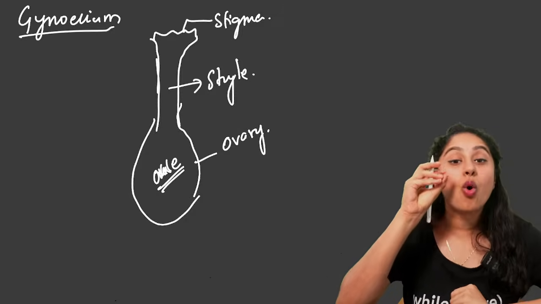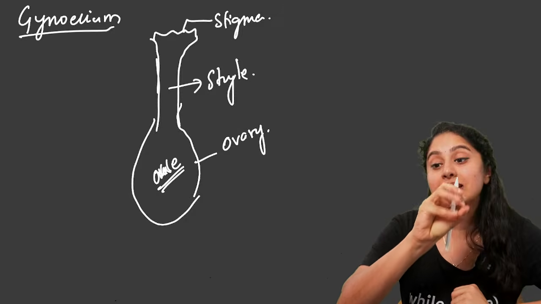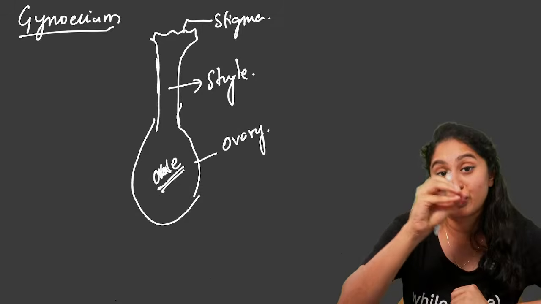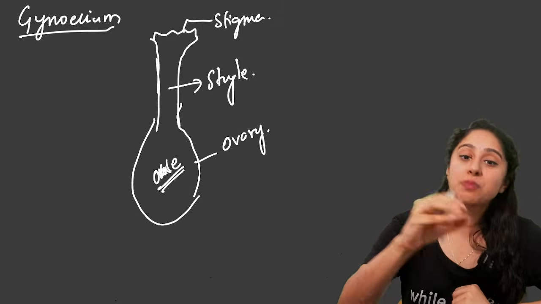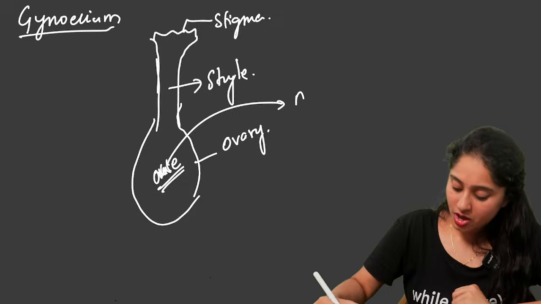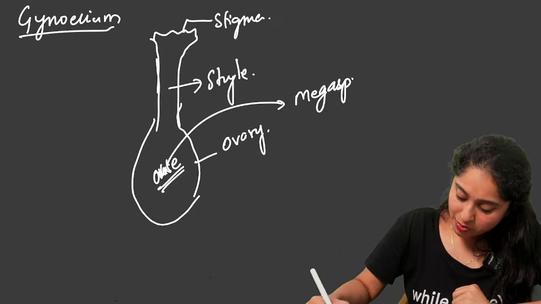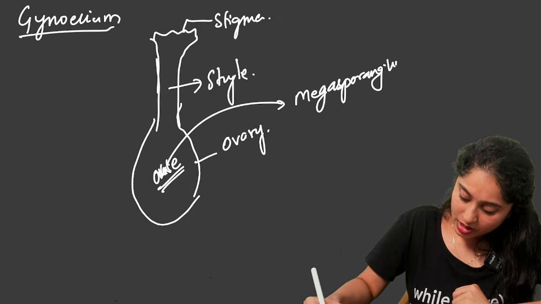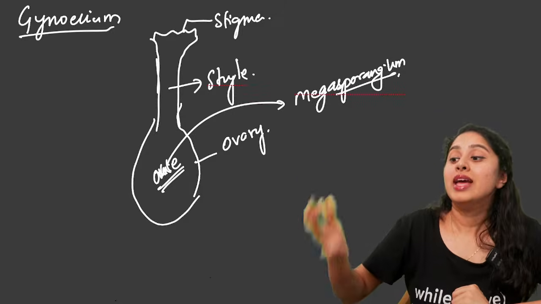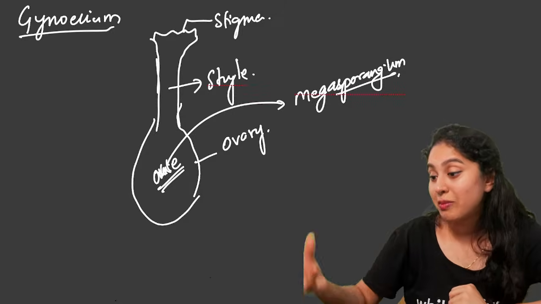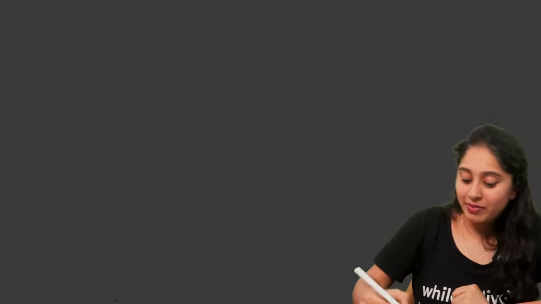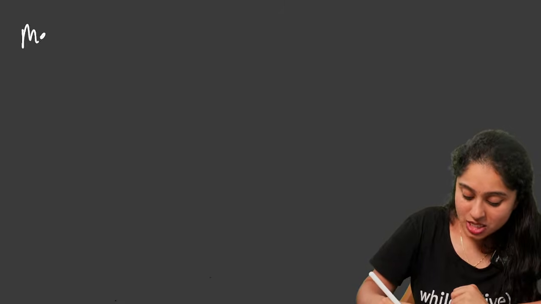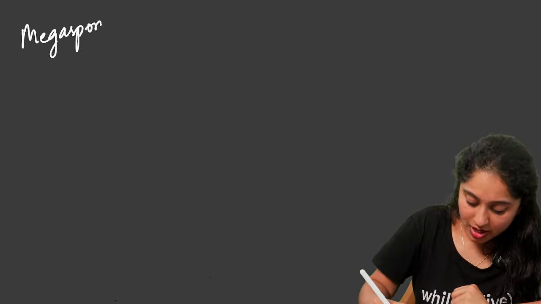This ovule is the actual region where the megasporangium is present. In the megasporangium as well, there will be the megaspore mother cell.